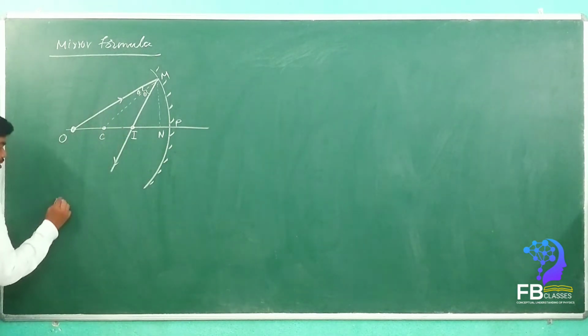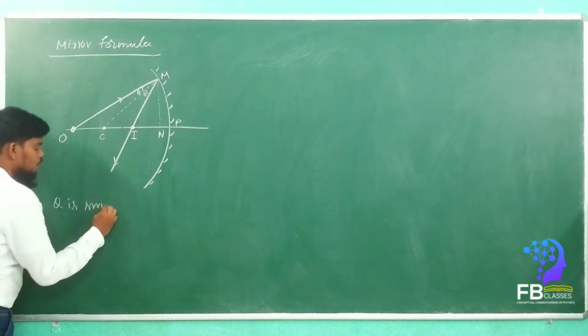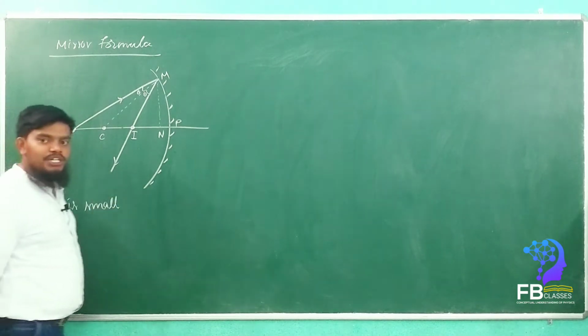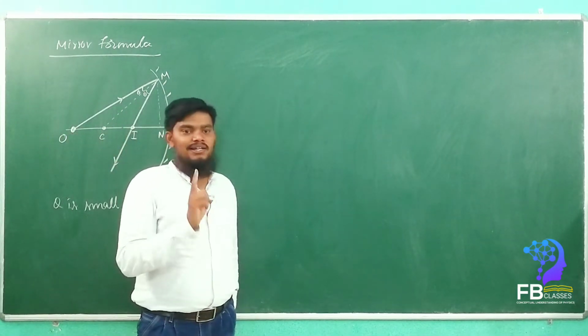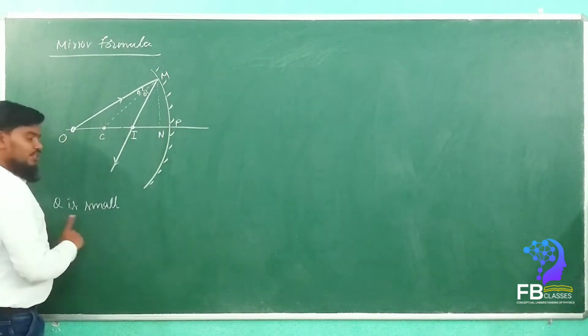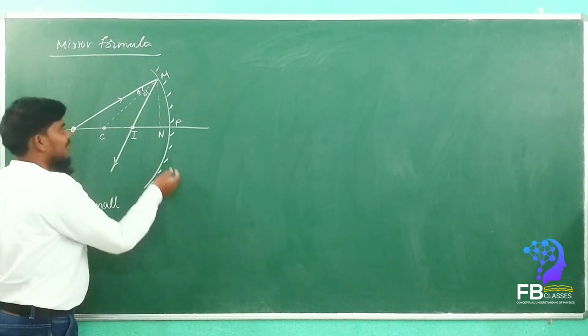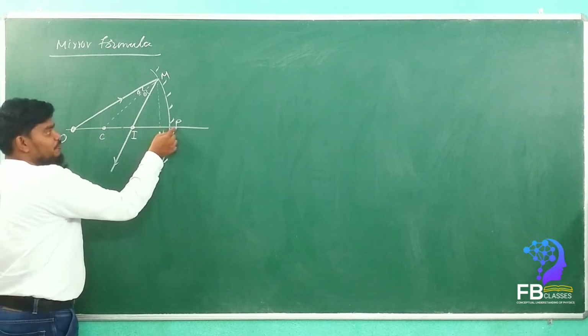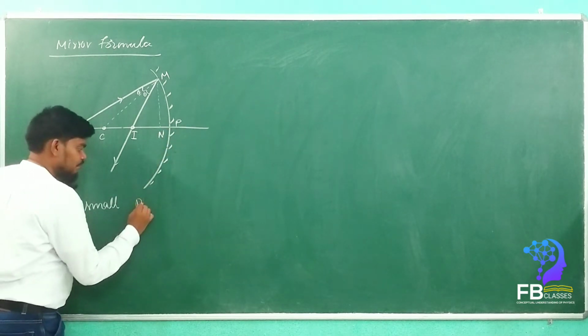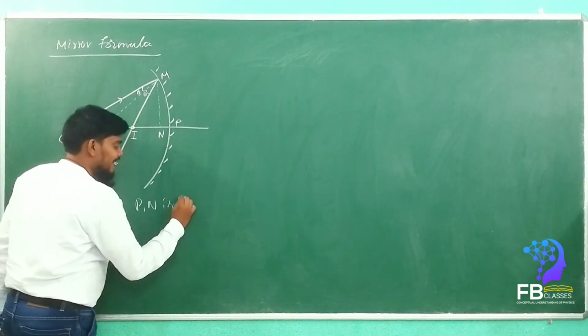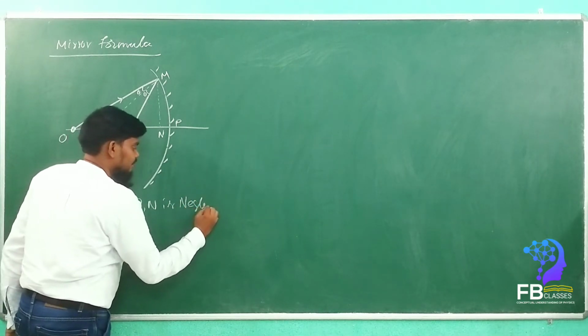If theta is small, it means these are paraxial rays. So if they are paraxial rays, the distance between P and N is negligible.